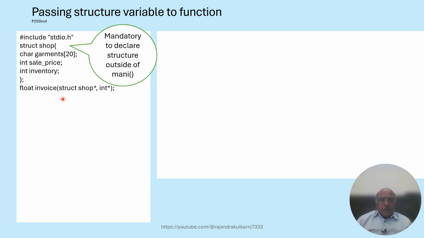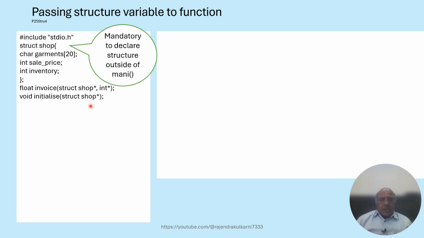Now here we have declared one function, float invoice, and it has two parameters, struct shop star and int star. So the function returns a float value, and to this function we are going to pass two pointers. One is of struct shop type and another is of type int.